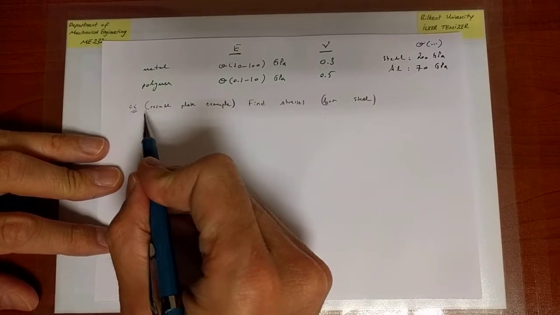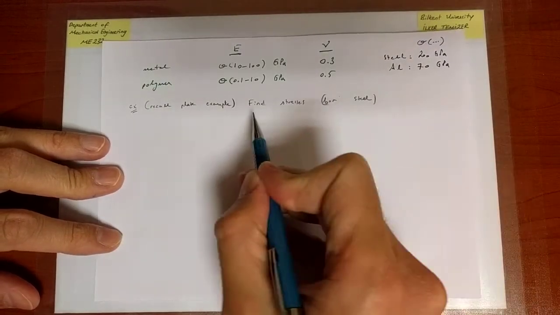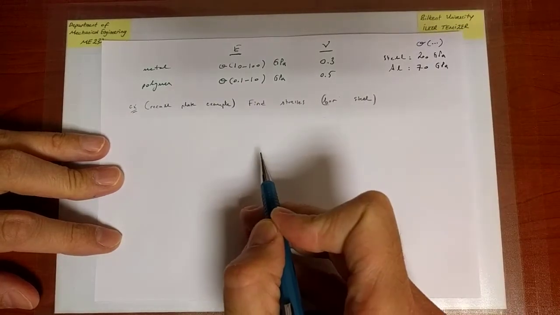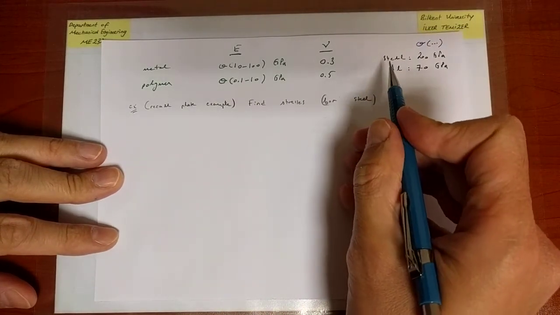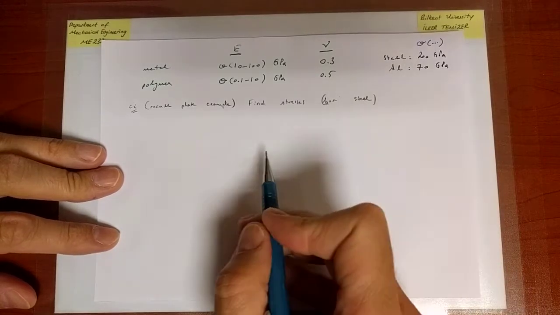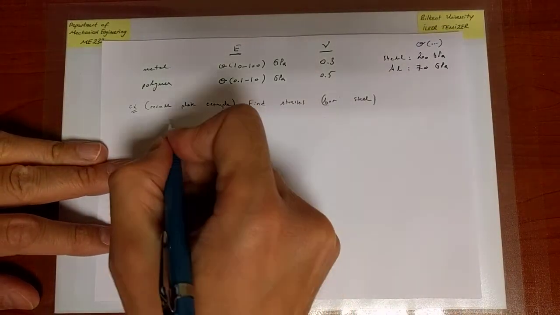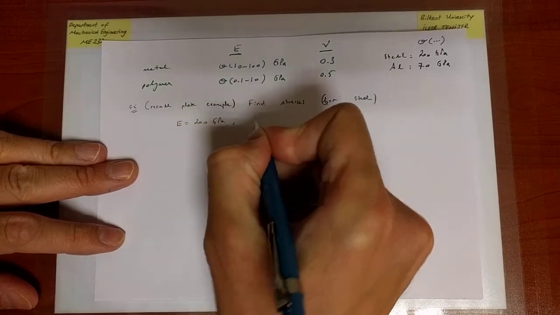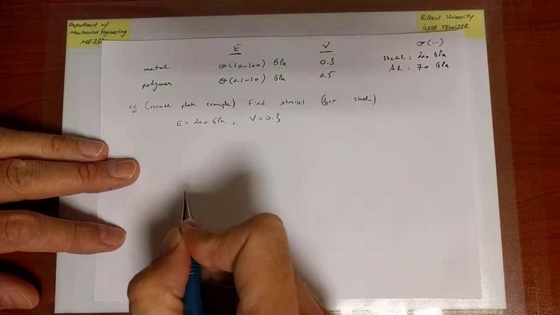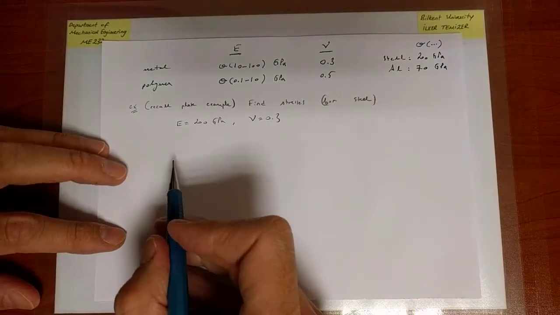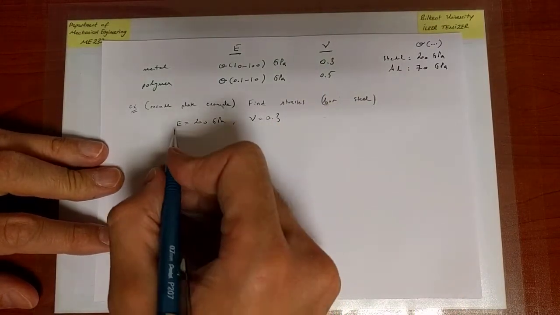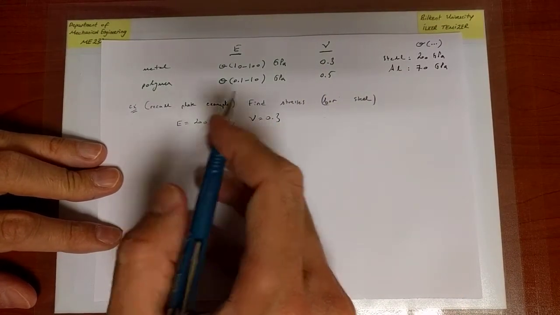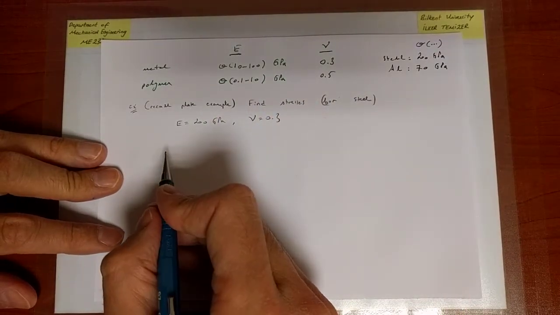Now this question expects us to remember orders of magnitude of quantities for at least steel. So I will immediately take E to be 200 GPa. The Poisson ratio is going to be taken as 0.3, according to the number that we are keeping in mind.